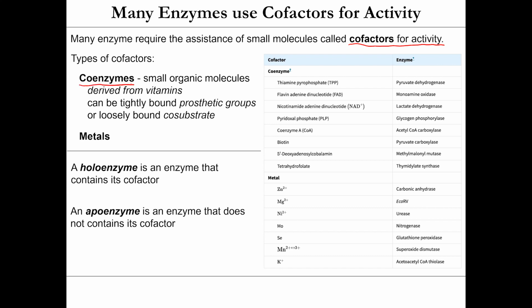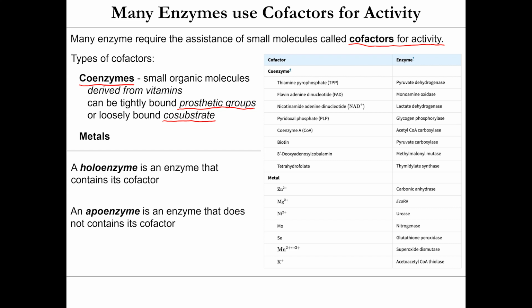These are small organic molecules that are derived from vitamins. These coenzymes can either be very tightly bound to the enzyme, basically always with that enzyme, and that would be called a prosthetic group, or they could be loosely bound. Then it's called a co-substrate, because it almost acts like another substrate in the reaction that they're catalyzing.